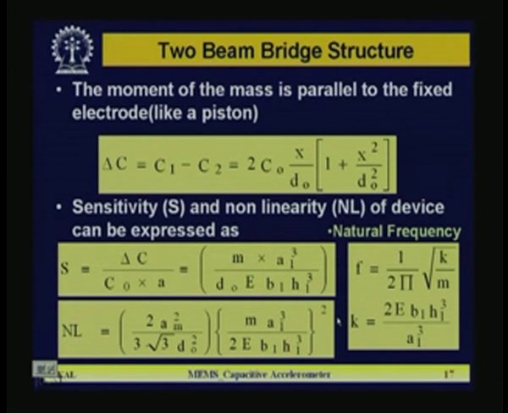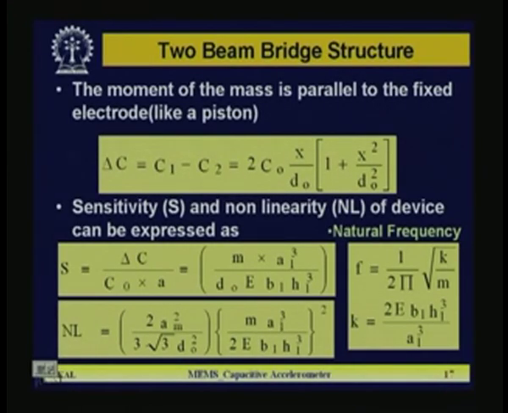Now, in these kinds of structures, the movement of the mass is parallel to the fixed electrode like a piston, because it moves up or down like a piston as it is held by 2 flexures. So the bending is not asymmetric, it is uniform.